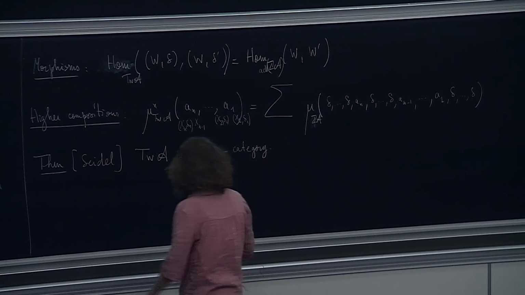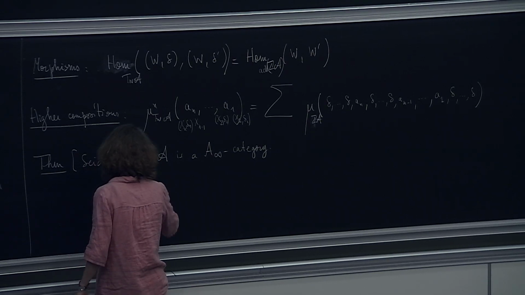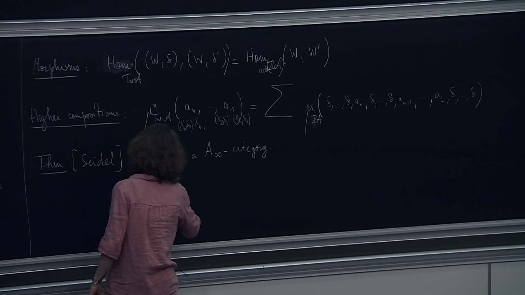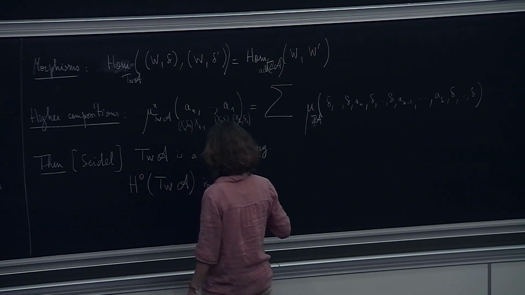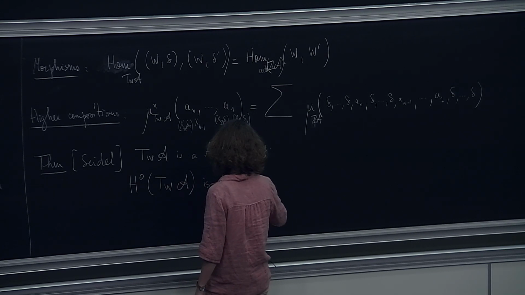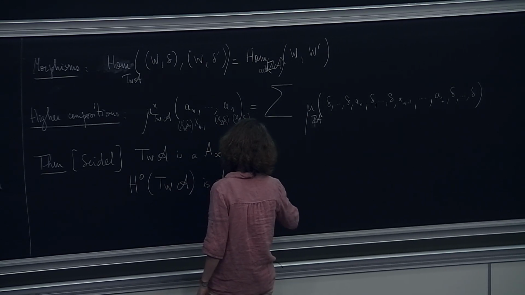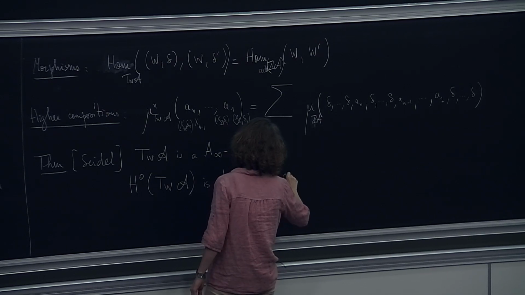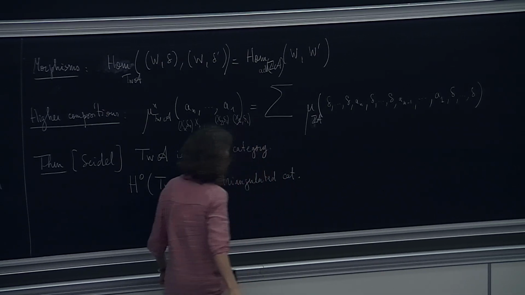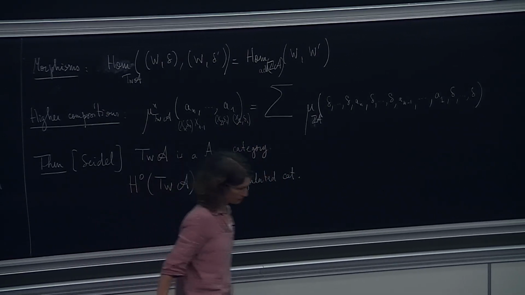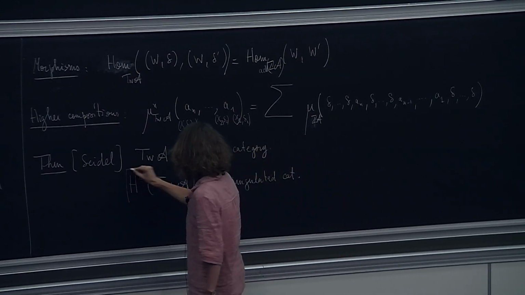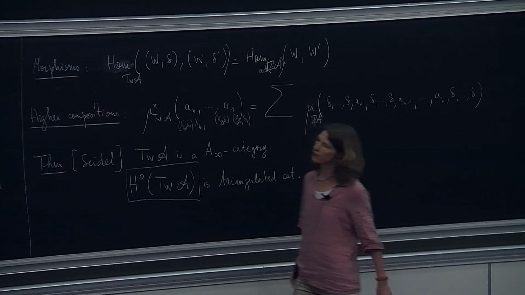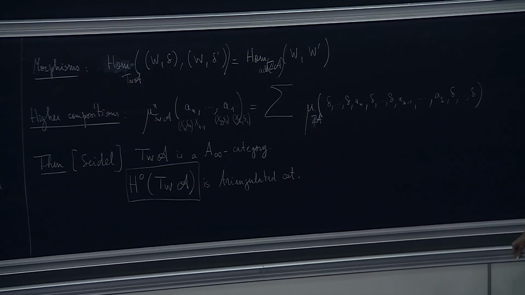And the good news is that if you take the H0 of this category, then you get a triangulated category. And this is the category we will look at now.